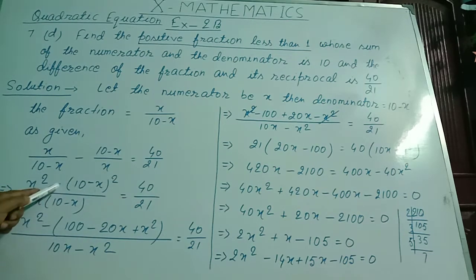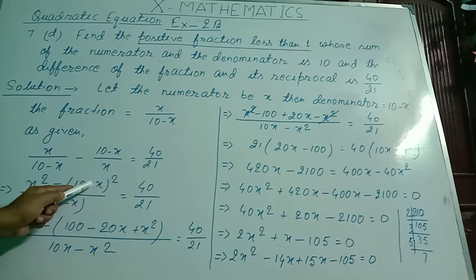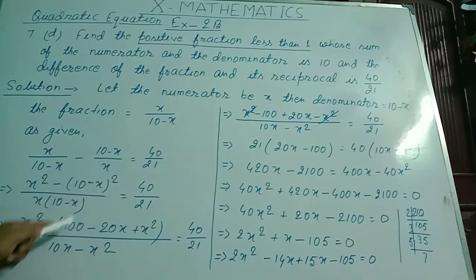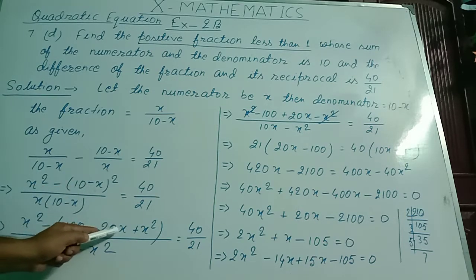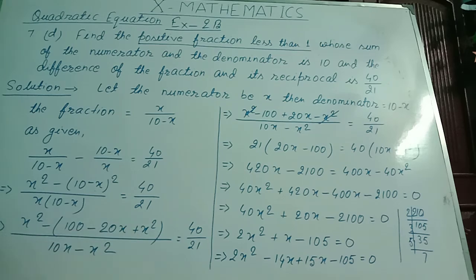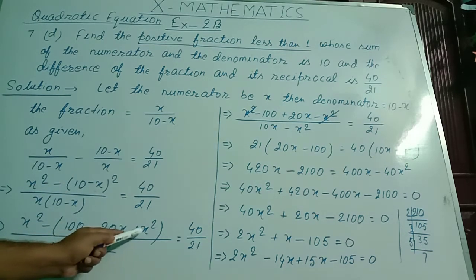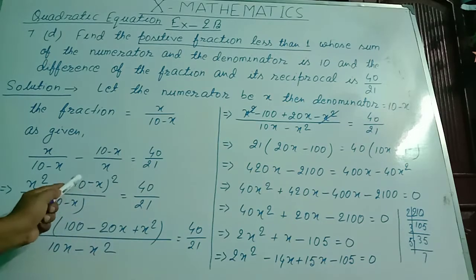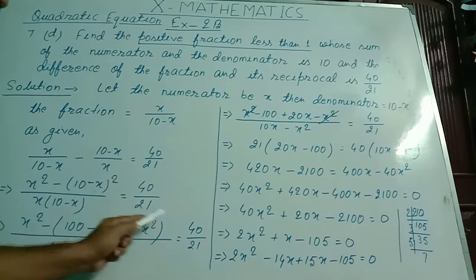This is in the form of a minus b whole square, so a square minus 2ab plus b square. This expression changes into 100 minus 20x plus x square, by x into 10 minus x, that is 10x minus x square, equal to 40 by 21.